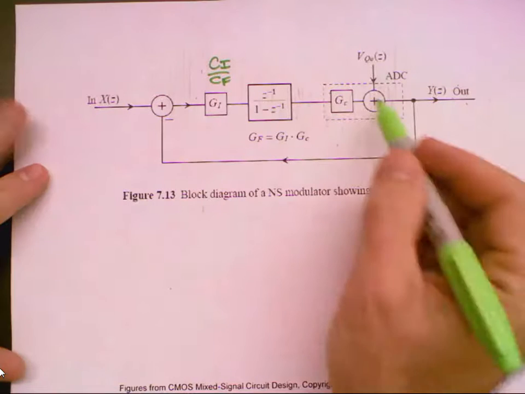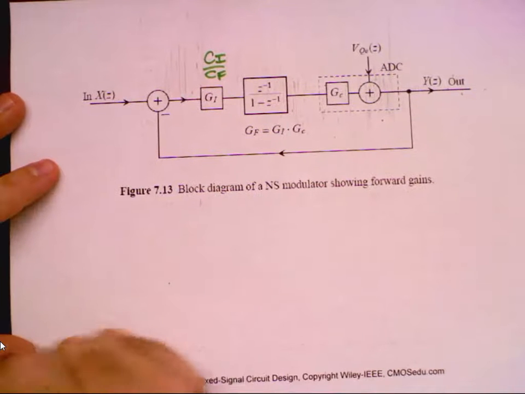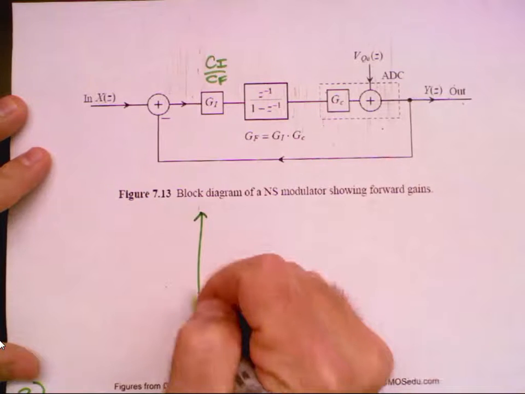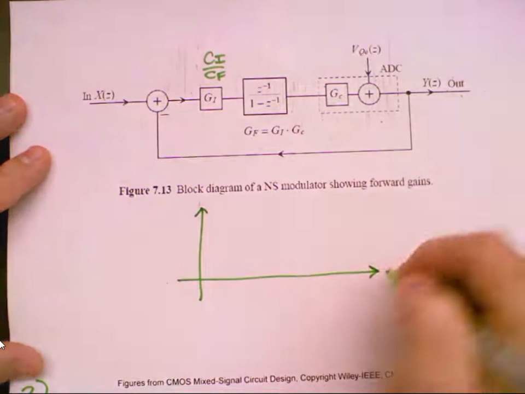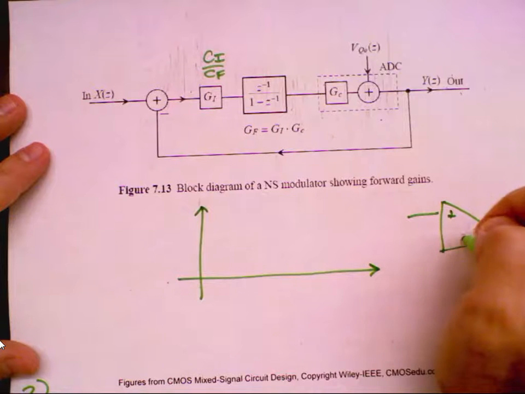Recall GC was, okay, so here's a good quiz question. Closed book, closed notes. Sketch the comparator transfer characteristic. Oh, okay, that's easy. Here's the comparator. Let's say we have the following.